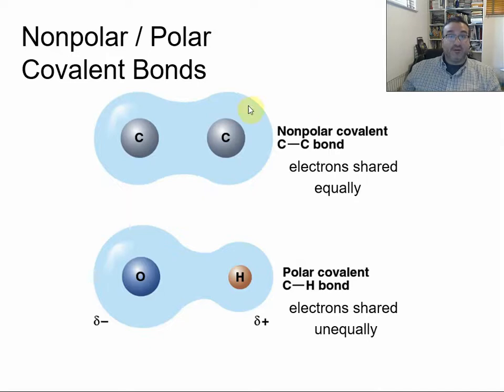Now, if the electrons are shared equally because it's 2 of the same element, like carbon and carbon, the electrons they're sharing in this cloud of electrons are pulled equally between them. So there's no stronger atom that has more electrons, so it's nonpolar. There are no electrical poles.